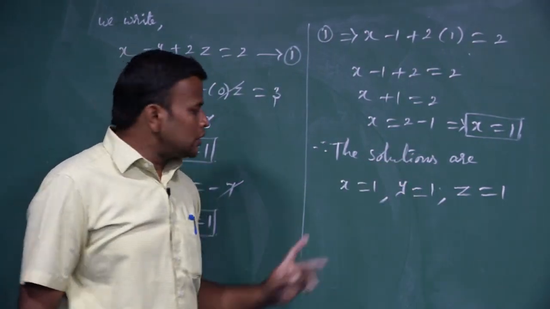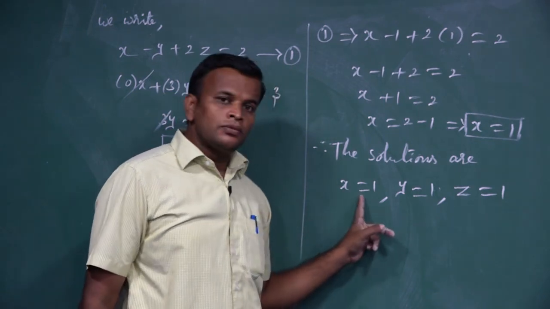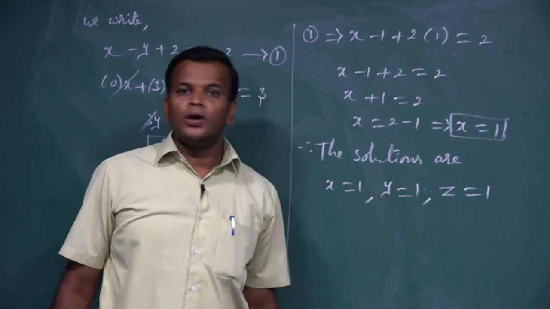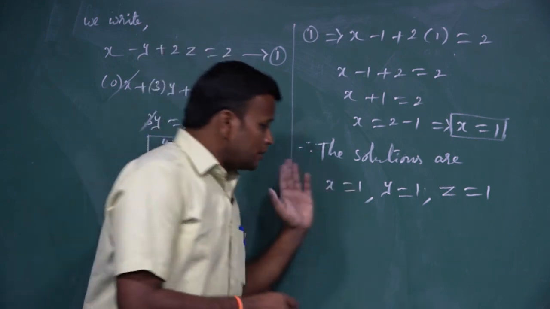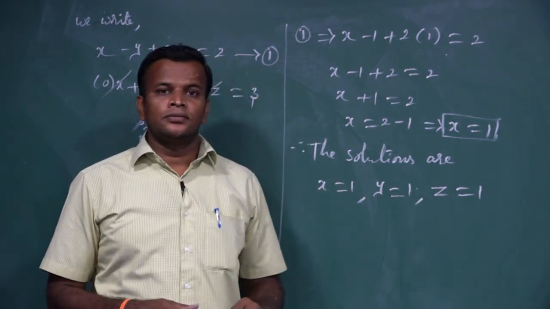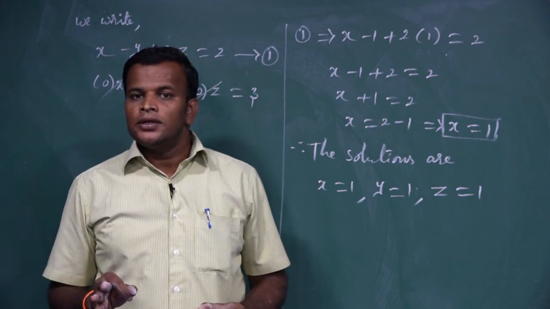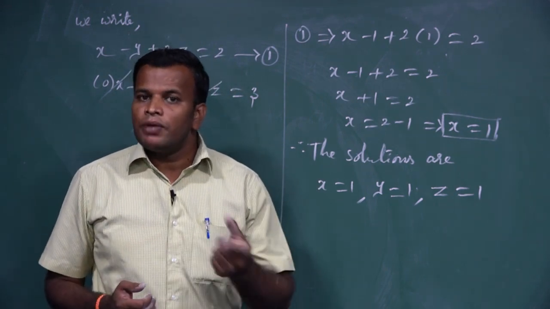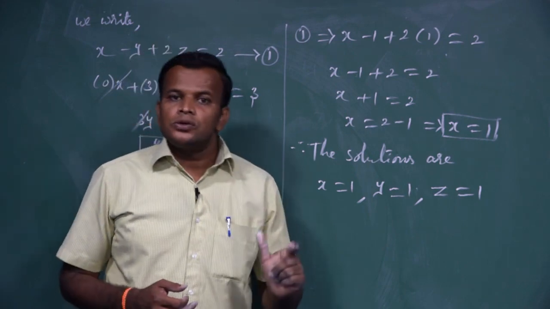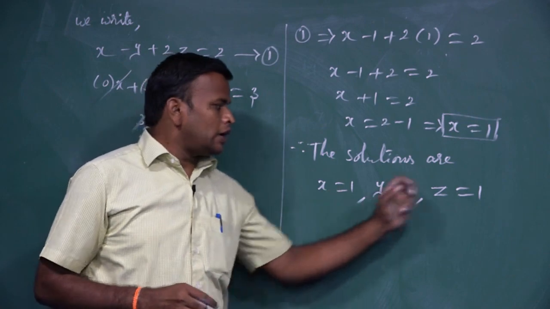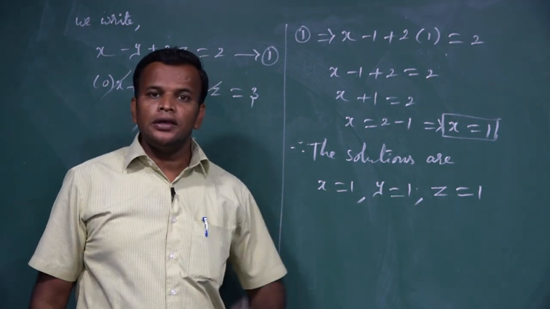Now you see exactly, x has only one value, y has only one value and z has only one value. So the system has a unique solution. So it is the first case: both the ranks are equal to 3, the system is consistent and the system has a unique solution.